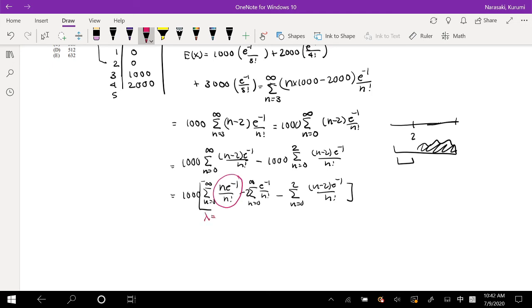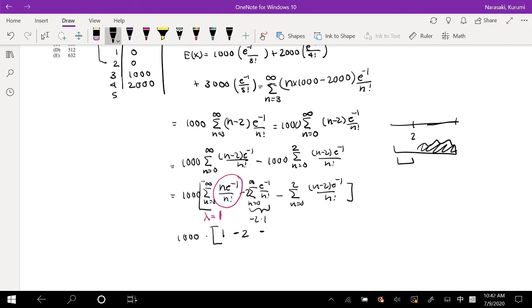And our lambda in our case is 1. So this value right here is 1. And then this part right here is summing up all the possible probabilities from 0 to infinity. Well, we know all probabilities have to add up to 1. So because of that, this is just a negative 2 times 1. So this is minus 2 right here.